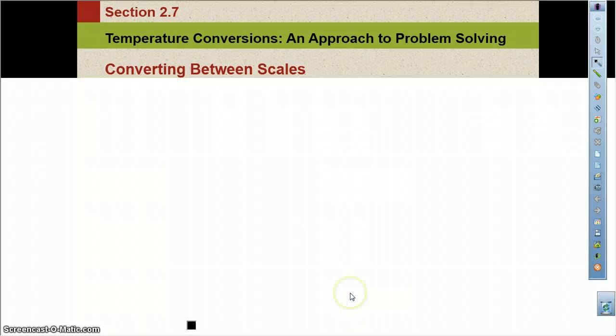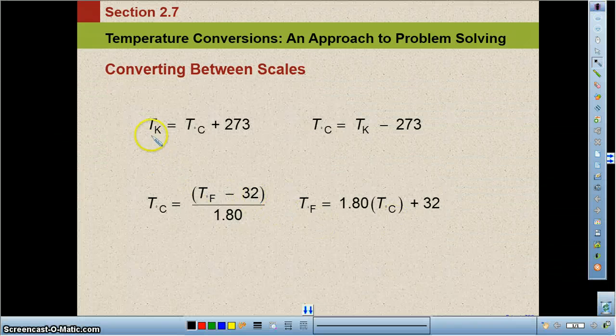So in order to do that, you have to be familiar with the formulas that allow us to do that. So this is temperature in Kelvin, and if I want Kelvin and I have Celsius, I'm just going to plug in my degrees Celsius, add 273, and that will be converted to Kelvin. If I have Kelvin and I want to go to Celsius, I'm going to take my Kelvin temperature and subtract 273 from it to get the temperature in degrees Celsius.